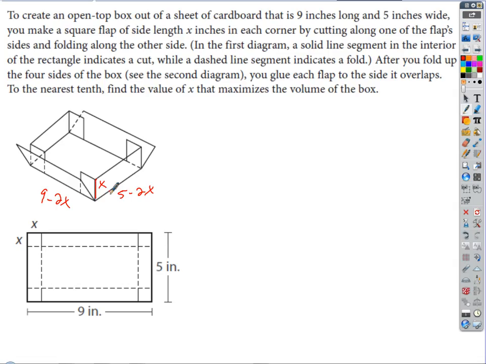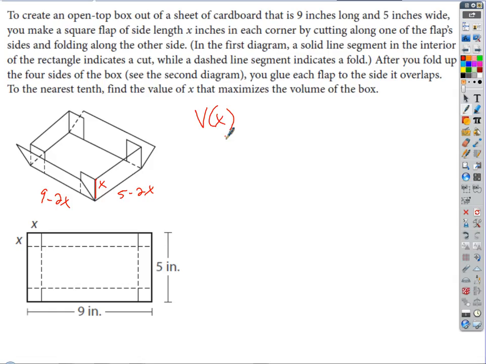Okay, so what's the volume going to be? It's a polynomial. What would I do to get the volume? Just multiply them all together, right? And I don't even need to write it as a polynomial in standard form. It can just be a polynomial in factored form. That's fine because we're going to use graphing technology, right? So our volume function, and this is what we'd call in calculus the primary function, is the quantity that we're trying to minimize or maximize.